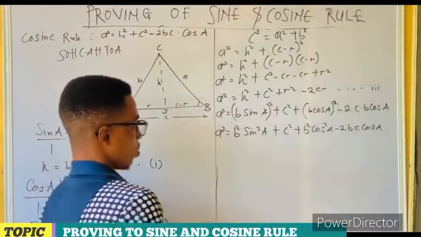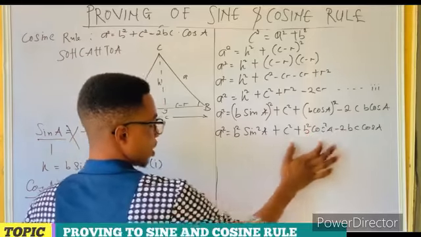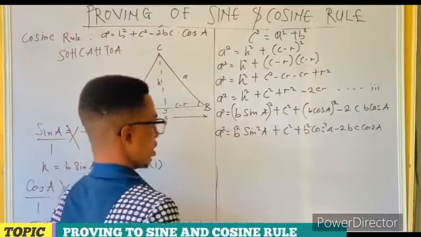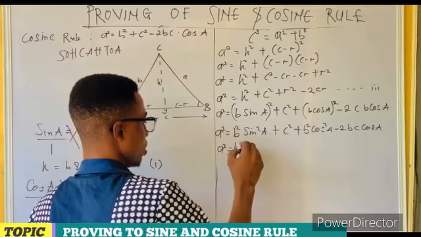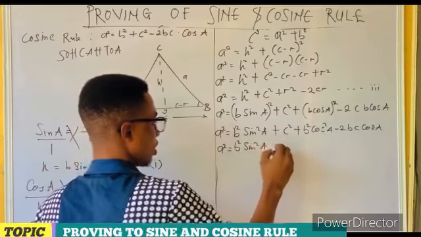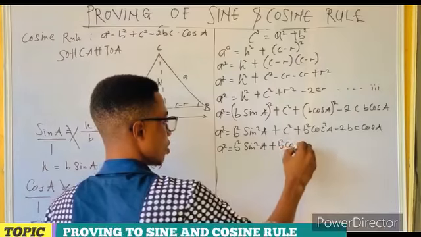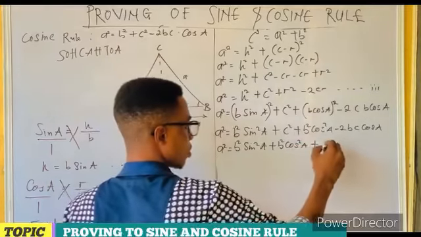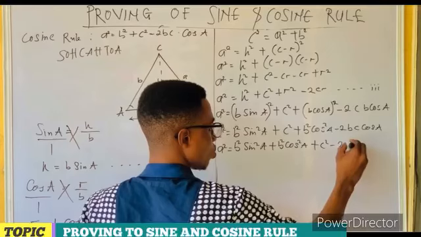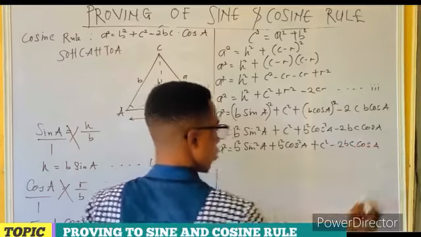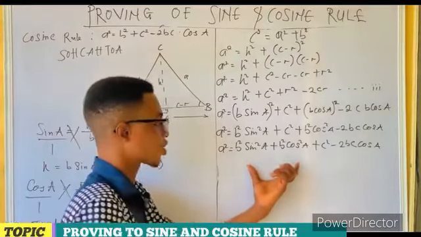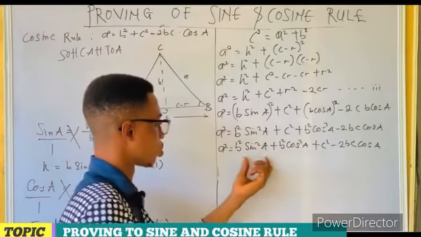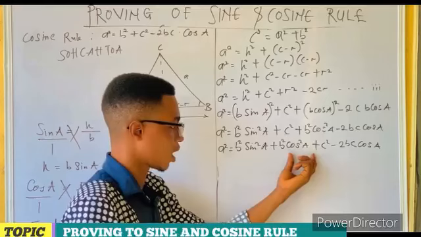Now, we can bring these two together, that is, b squared sine squared A and b squared cos squared A. We have a squared is equals to b squared sine squared A plus b squared cos squared A plus c squared minus 2bc cos A. So we need to factor out b squared because b squared is common to this part and this part.